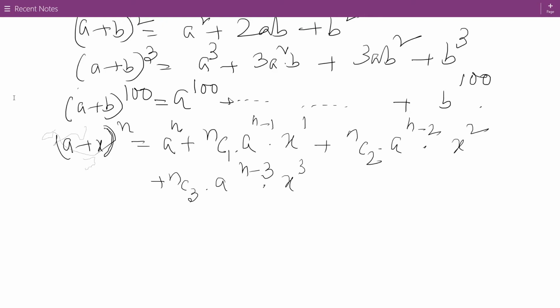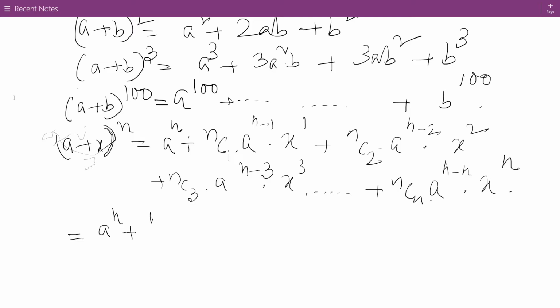In this way, you write the last term NCN, A to the power n minus n, X to the power n. Clear? Now we express the term A to the power n.